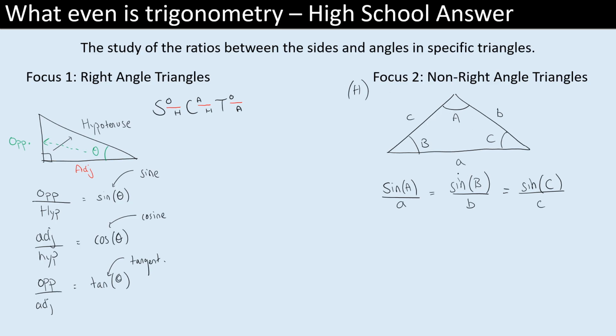This first one is called the sine rule because it involves sines. We also have the cosine rule, which says that a squared equals b squared plus c squared minus 2bc times cos of our angle A. This is called the cosine rule.